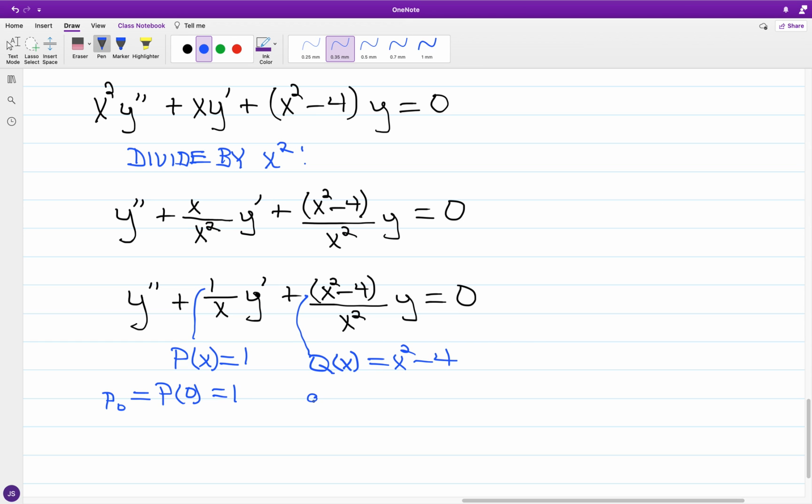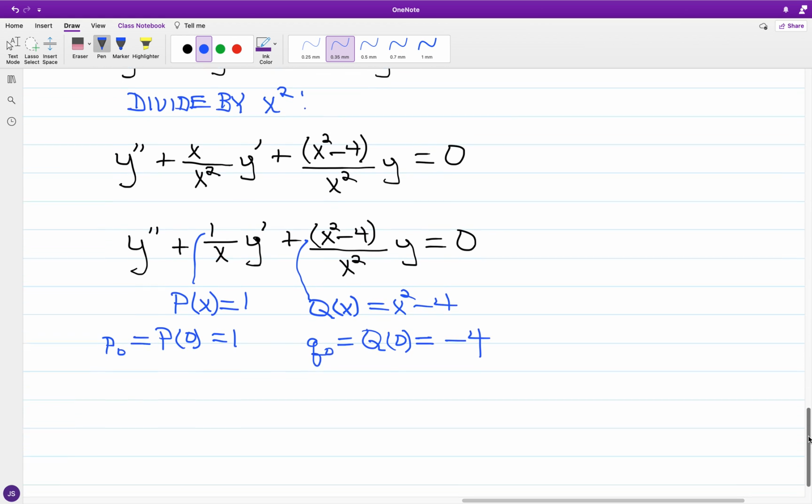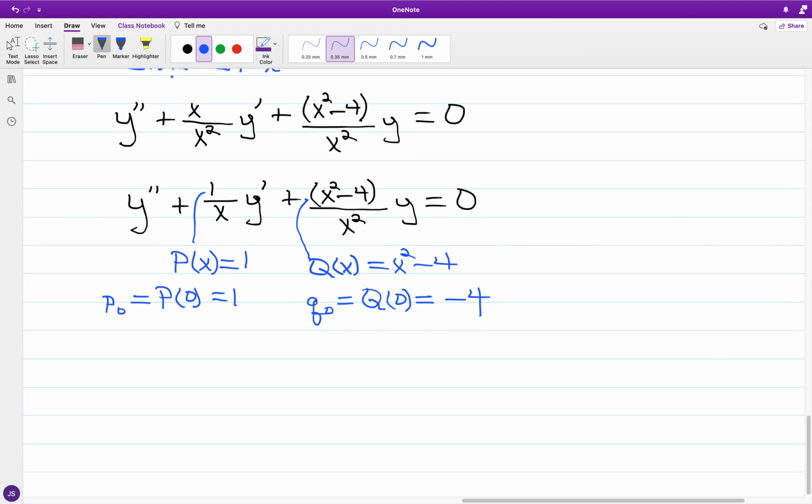And for q naught, you're looking at q of 0, so you have 0 squared minus 4, so q naught is going to be minus 4. So we have entering what we have with the method of Frobenius.